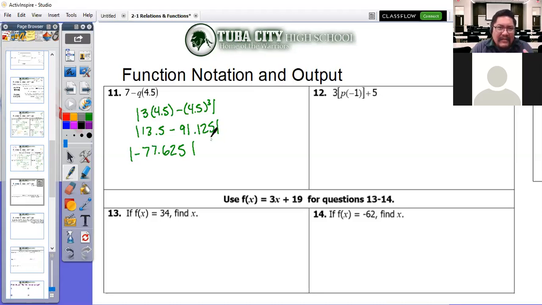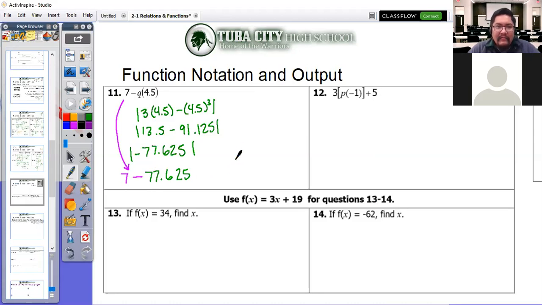I kind of knew it wasn't really going to make a difference, but anyway, so I know that this is going to be negative 77, all this stuff here. But once I take the absolute value, it'll be positive 77.625.